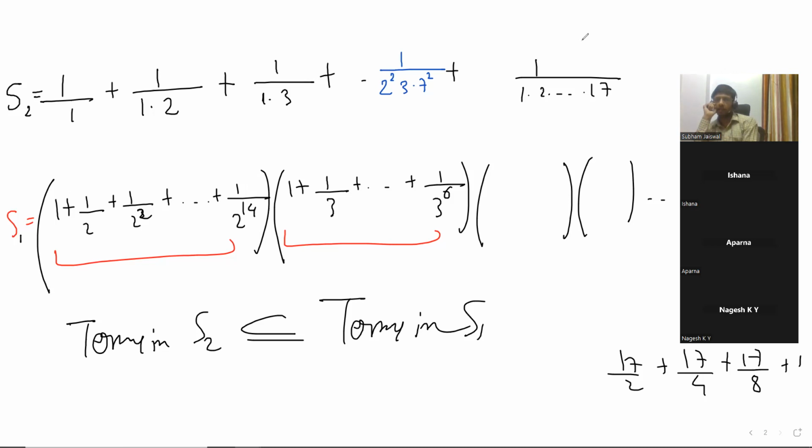Any explanation for that? If we just give a counter example, that's all. Let me think, let you also think. Like maybe very small, very big, something like that.